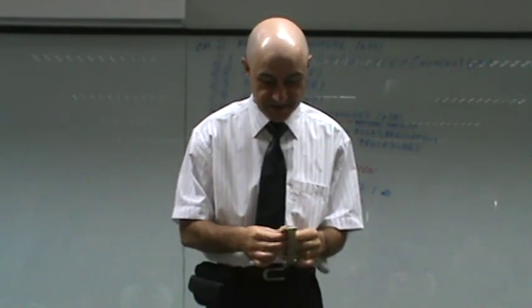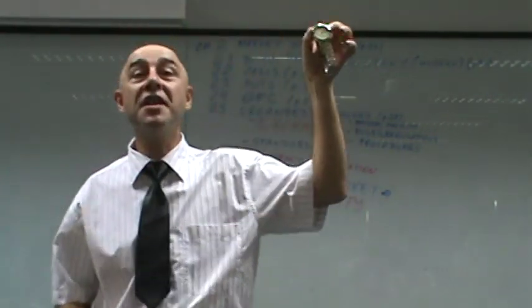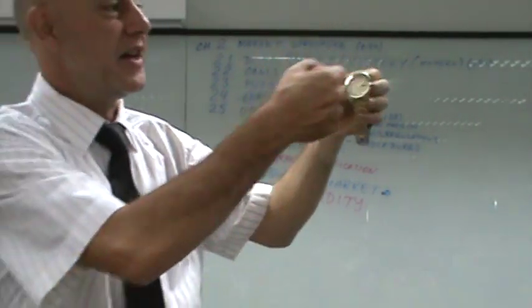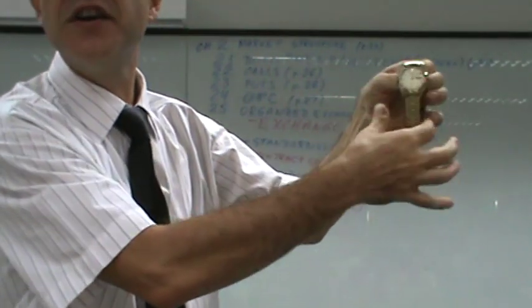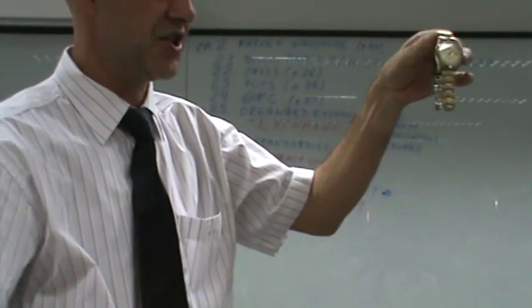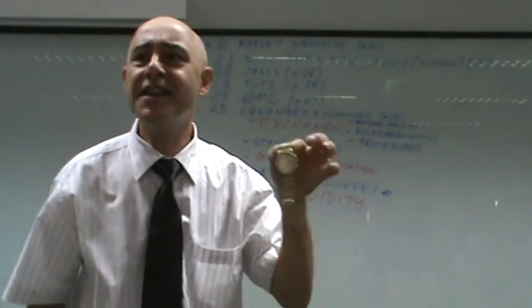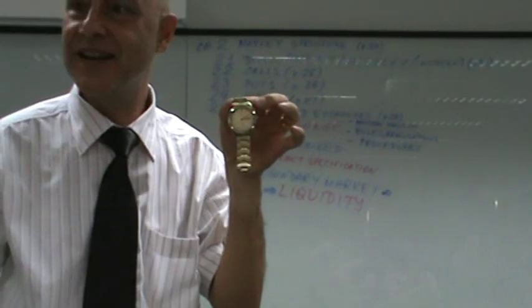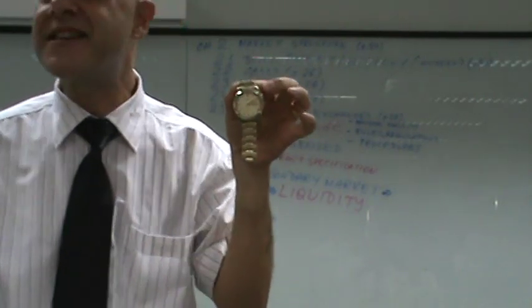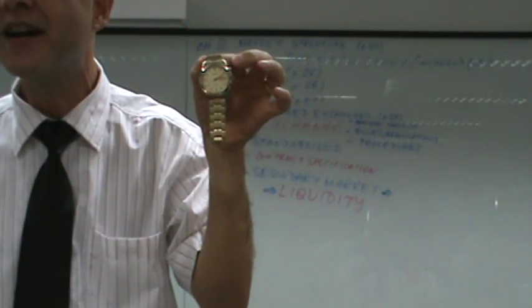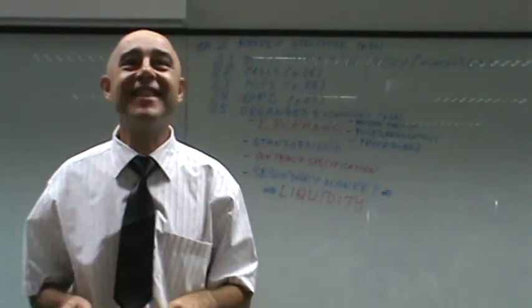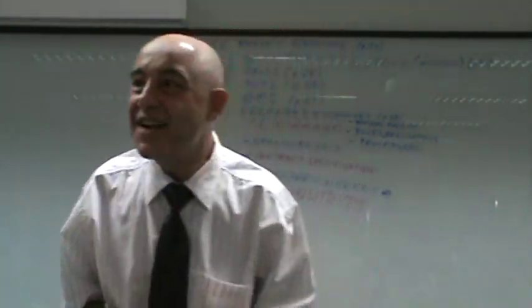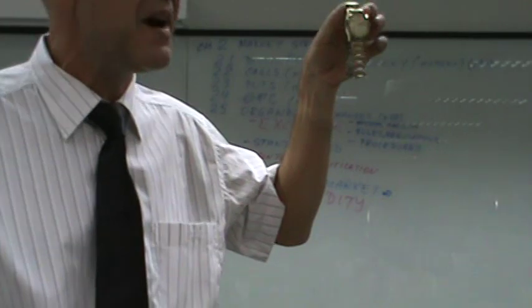There it is. This is a very nice, good, high quality Seiko. It's got sapphire, it's gold plated, it's all the good stuff, right? Is it liquid or not liquid? Not liquid. Can I sell it easily? No. You mean no one's going to buy it for 10 baht today?